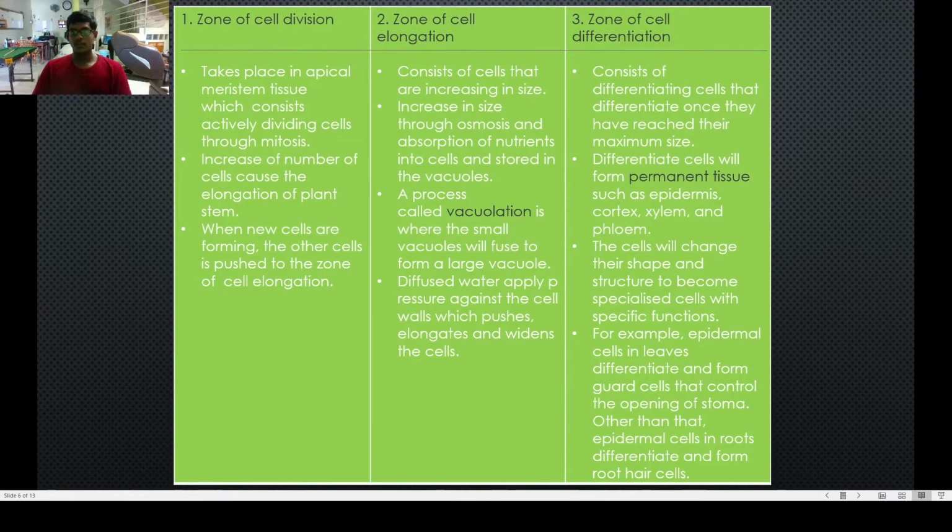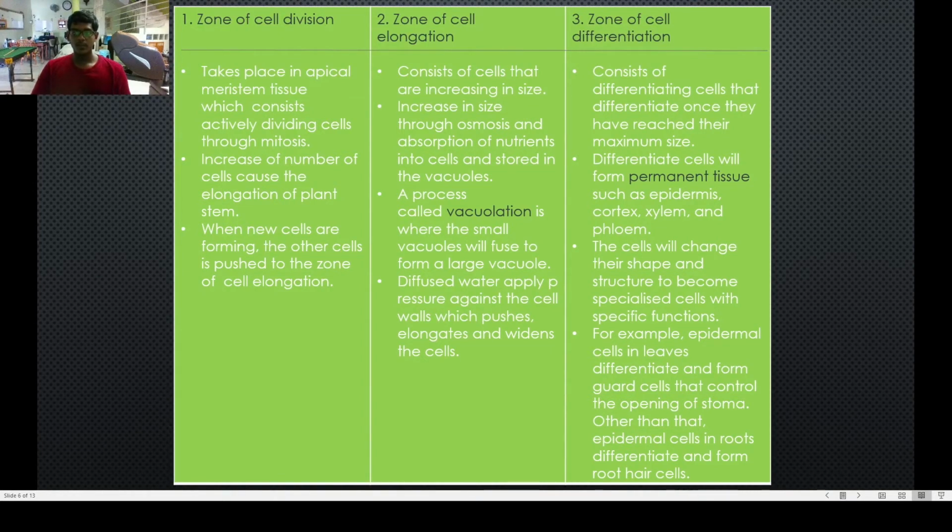Third, the zone of cell differentiation consists of cells that differentiate once they have reached their maximum size. Second, differentiated cells will form permanent cells such as epidermis, cortex, xylem, and phloem.